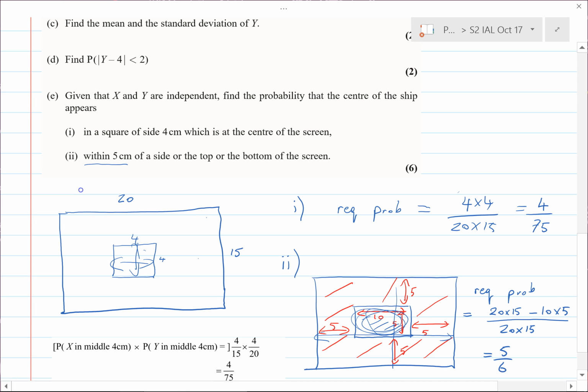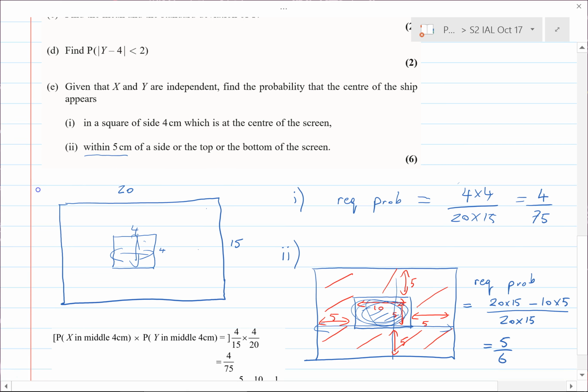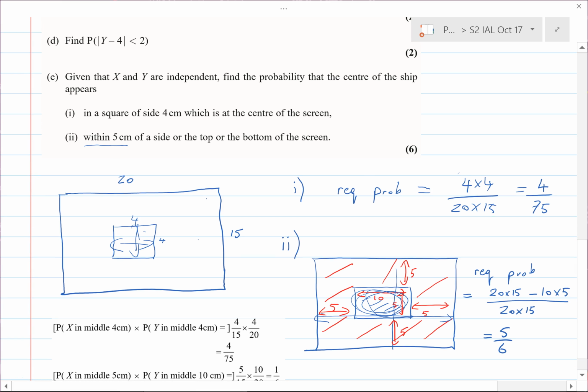And similarly, within 5 centimeters of the top of the screen, well, that means that it has to be within this red area I've highlighted here. Remember this length here is 20, this length here is 15.